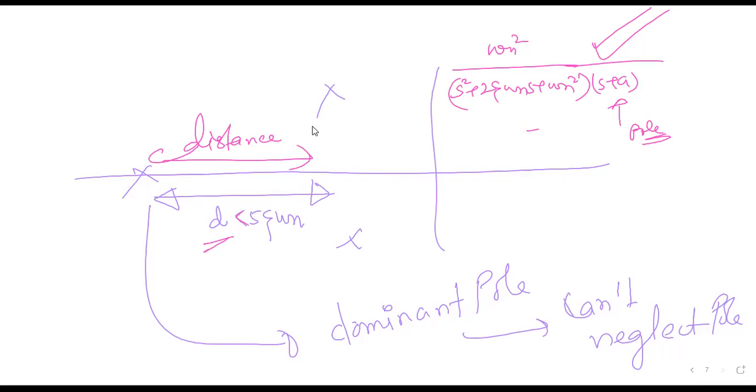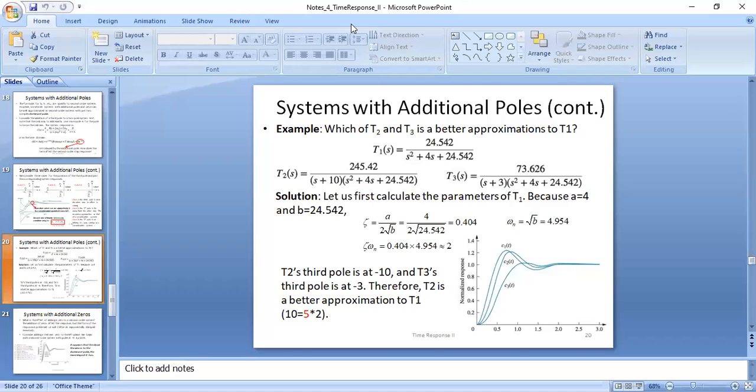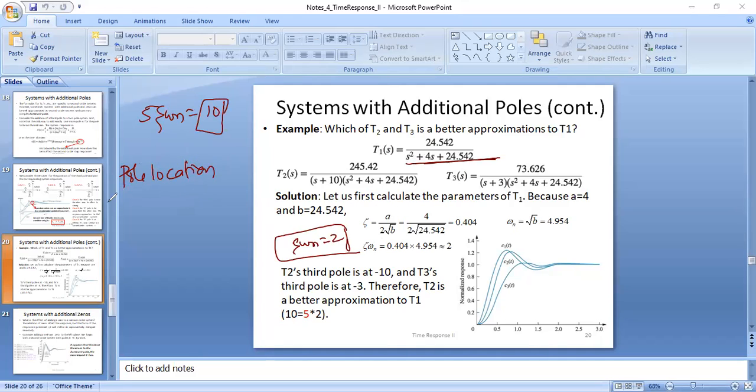Moving on. Can you see the PDF? Now you see here your zeta omega n value is 2, which you calculated from here. Now when you find 5 zeta omega n, it is 10. What did I tell you? If the distance of the pole location is greater than or equal to 5 zeta omega n, then you can neglect it.